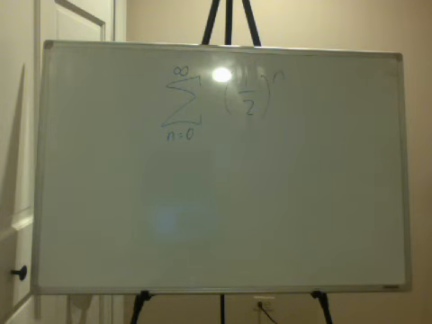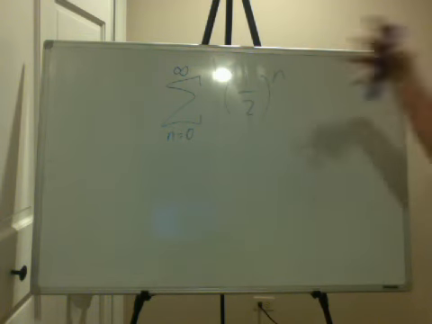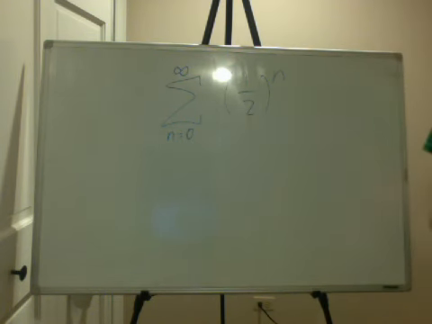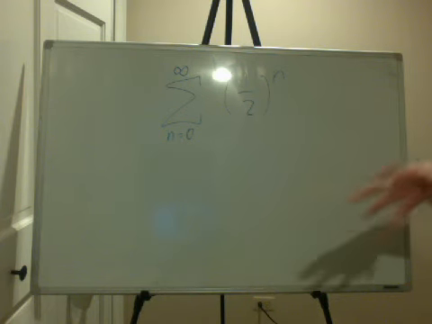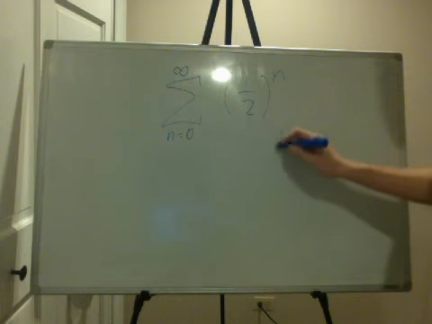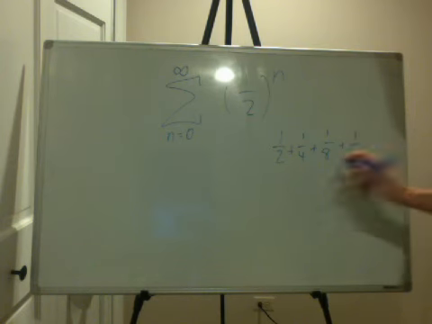Convergence means that when this goes to infinity, you're going to be adding smaller and smaller and smaller numbers, and eventually these numbers are going to be so infinitely small that they're basically insignificant, and your sum will just meet at a certain point. So, for example, on this one, you have 1/2 plus 1/4 plus 1/8 plus 1/16. As you can see, these are getting smaller and smaller and smaller.